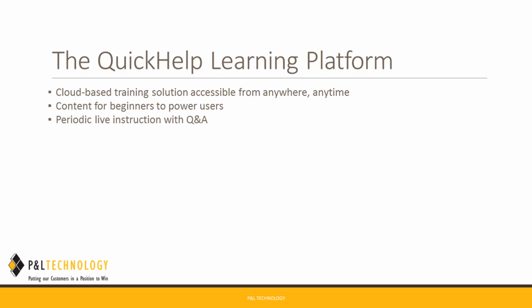And so the main feature of it is that it's this online repository of short, sometimes less than 1 minute, to no more than 4-minute videos that are short, concise, to the point, and immediately relevant, I think, to the software that we're using. The second component that a subscription to Quickhelp includes is access to periodic live instruction and webinars with Microsoft certified trainers and the opportunity to ask live questions and answers. So two very complementary, very valuable pieces and methods of training within this single solution.